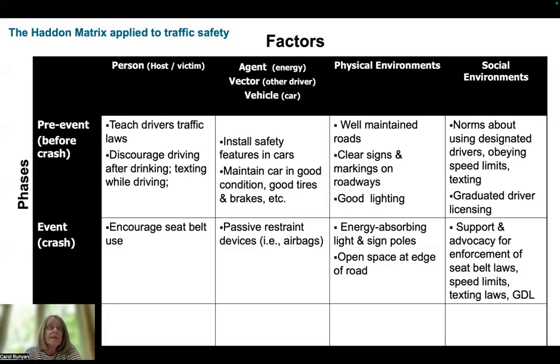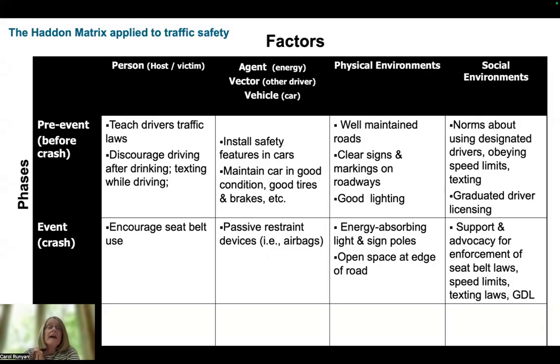Seatbelts don't, generally speaking, prevent you from having a crash, but they prevent you from getting injured at the time of that event, which in this case is the crash. Similarly, passive restraint devices like airbags in the car are, yes, installed at the factory, but they have their effect when a crash occurs and they blow up.